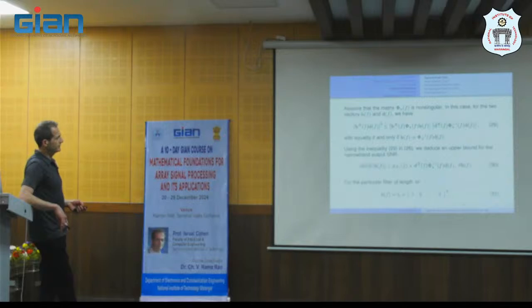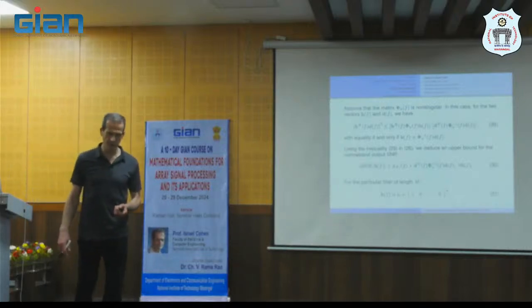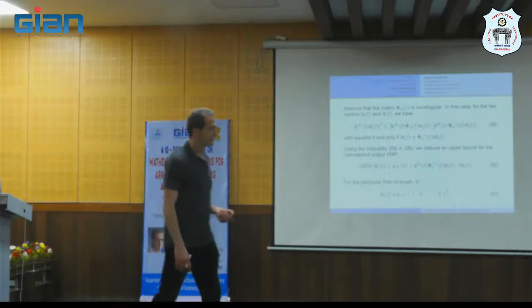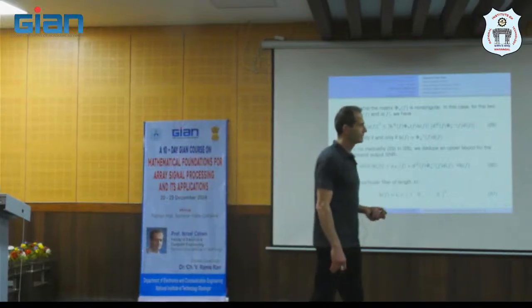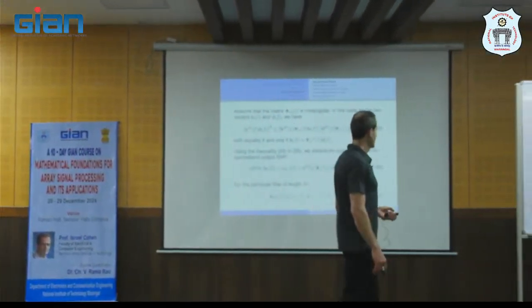This is what it's possible to show: the output SNR is smaller than a certain value, like this. If I want to discuss it, I can skip that, because I just wanted to say that using the MVDR it's the least amount of output SNR.